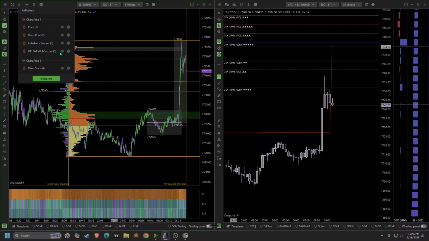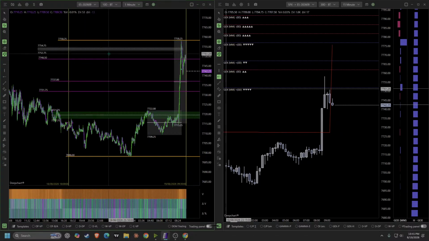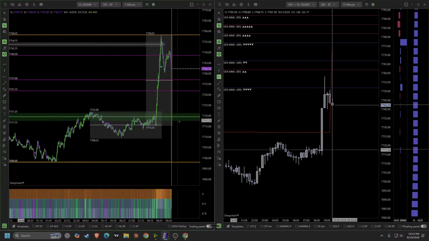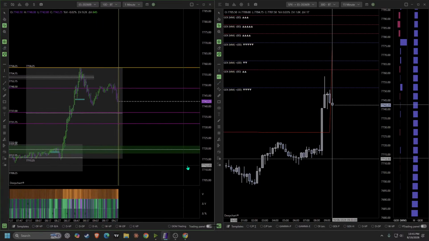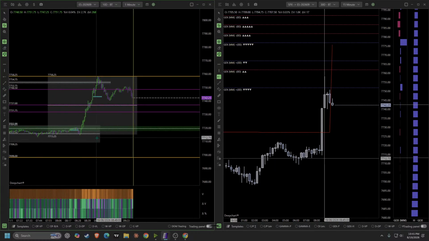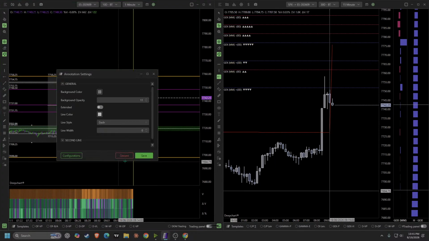So now we have some levels to follow. And some zones.